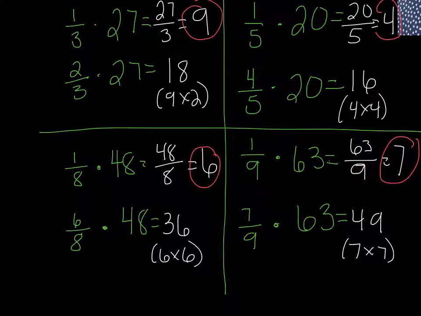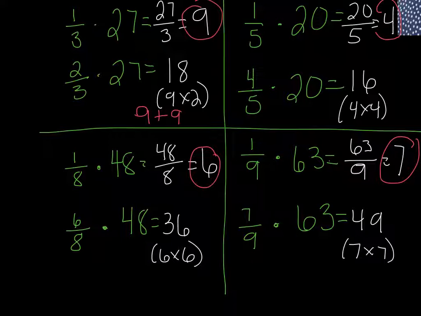Then I'm hoping that you were able to use what you got as the product when you multiplied by the unit fraction and find what you get when you multiply by the non-unit fraction. So if 1/3 of 27 is 9, then 2/3 would be 18, because 9 times 2, or 9 plus 9, gave us 18.